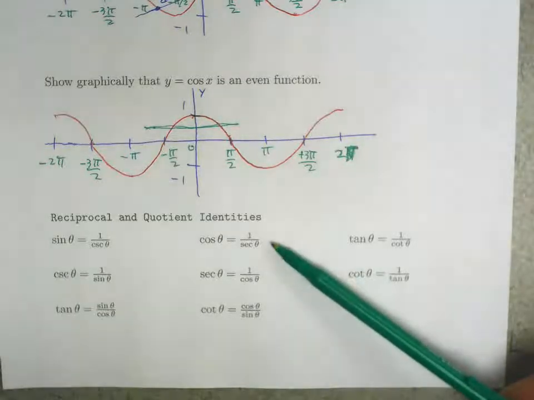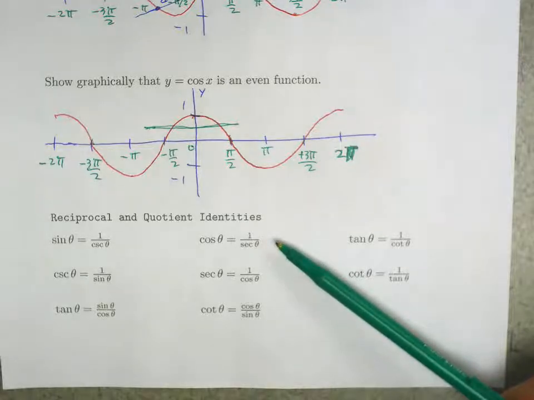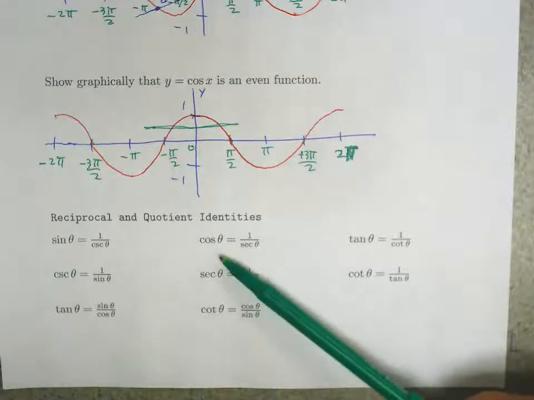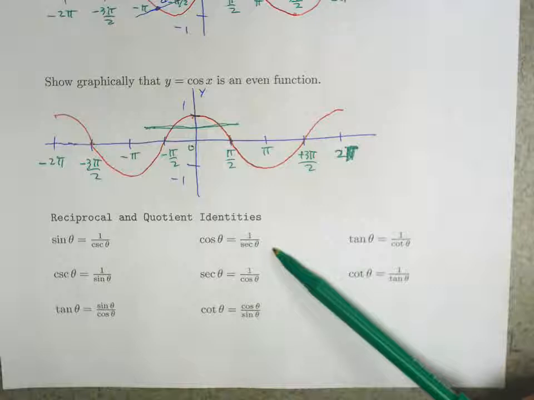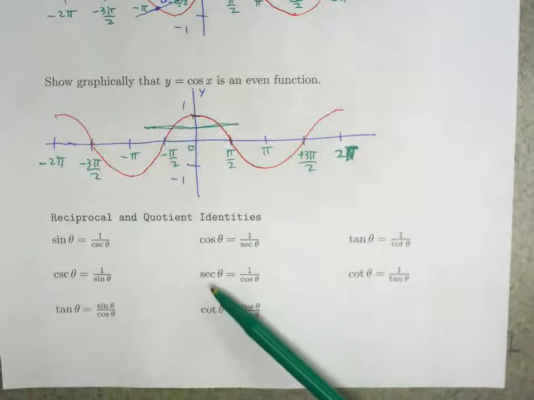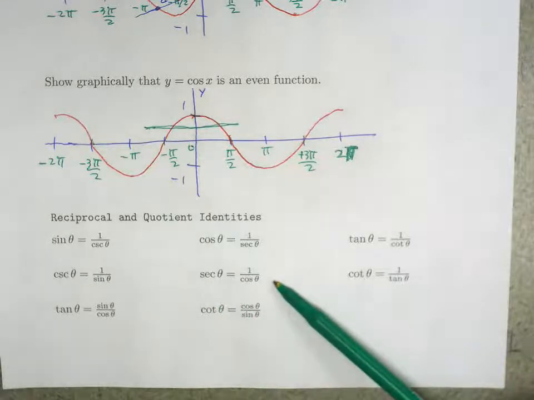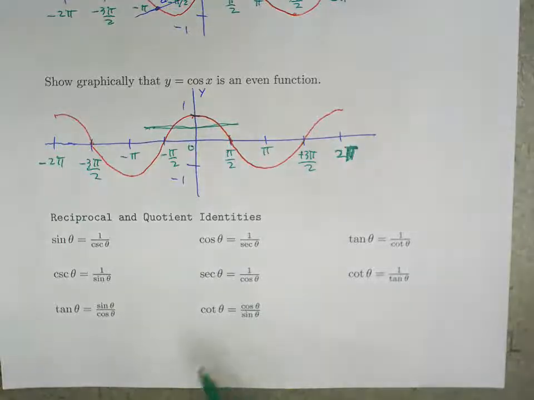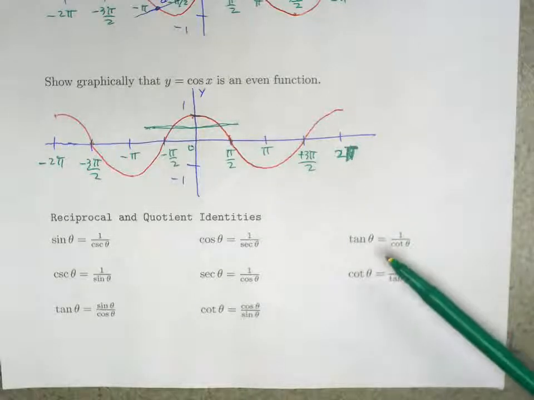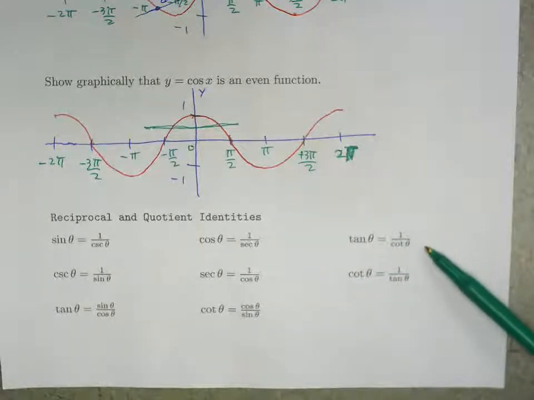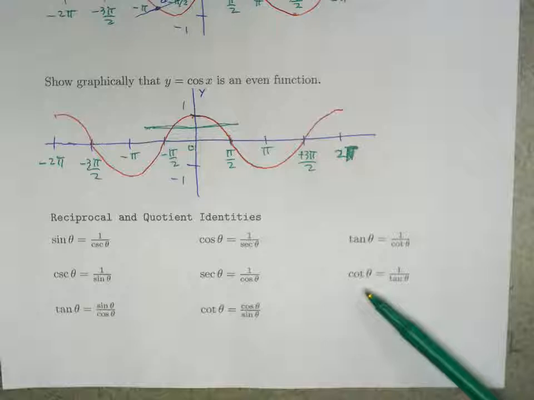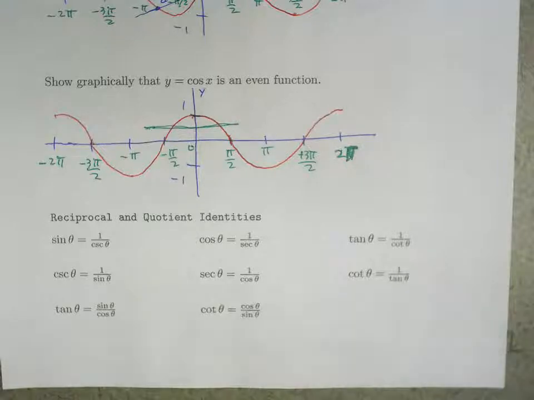Cosine of theta, its reciprocal function is secant theta. So cosine of theta is 1 over secant of theta. And secant of theta is 1 over cosine of theta. And cotangent of theta is cosine of theta over sine of theta. Tangent of theta is 1 over cotangent of theta, and cotangent of theta is 1 over tangent of theta.